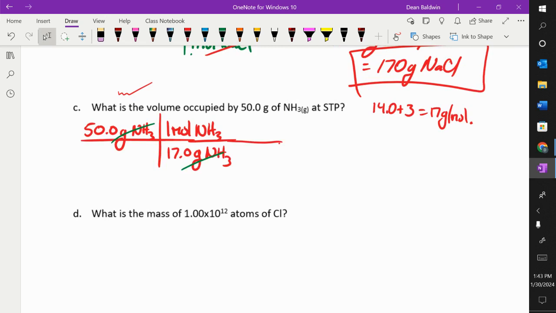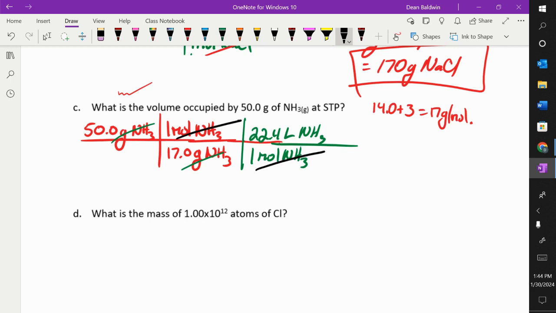So what do I want in the denominator? 1 mole of ammonia is 22.4 liters of ammonia. Which means moles of ammonia cancel. I'm left with liters of ammonia. Everything in the top gets multiplied. So you can do this in 2 stages, or you can do it all at once.